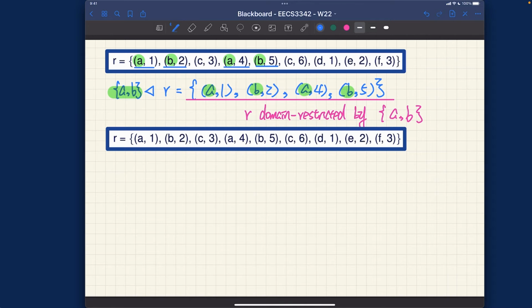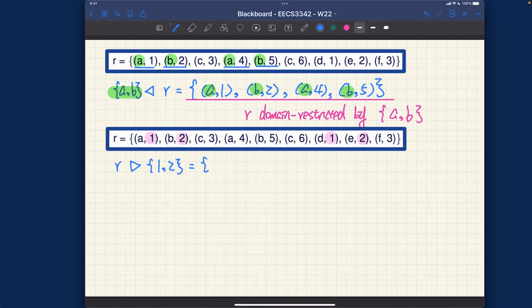We start with R, and since now we want to do range restriction, the triangle is going to point to the right-hand side, the range, and then we want to range restrict to 1, 2. The idea is we want to choose all the ordered pairs that involve 1, 2 as a second element, right? 1, 2, 1, 2. That's it. And then we're going to collect all such pairs.